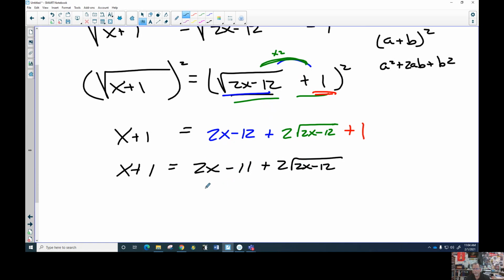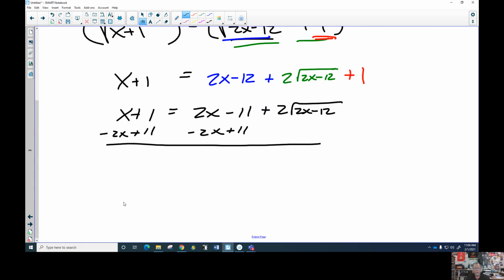So I'm going to add 11 and subtract 2x from each side. So subtract 2x and add 11 to each side. And that will give me, on this side, a negative x plus 12. And on this side, I'm going to have 2 root 2x minus 12.